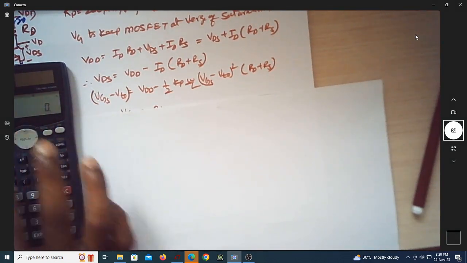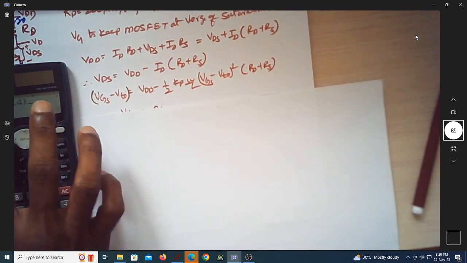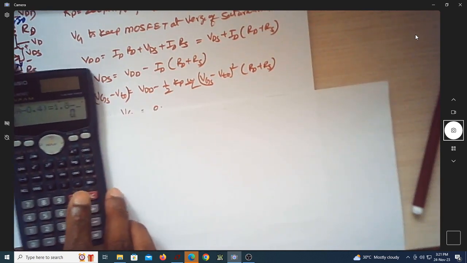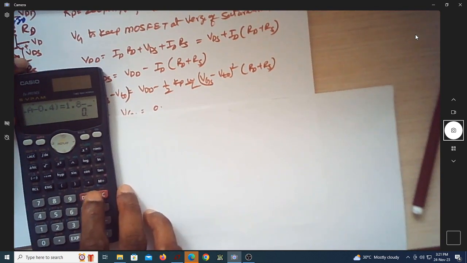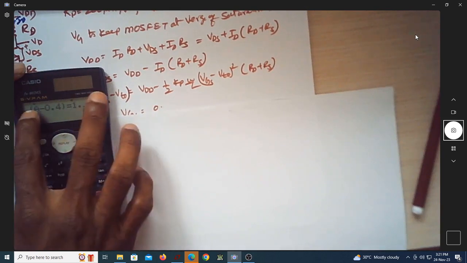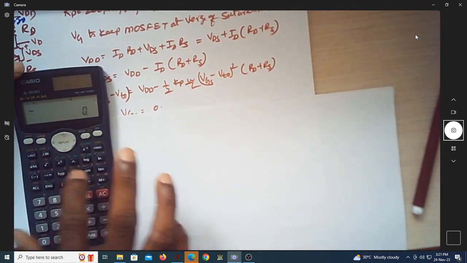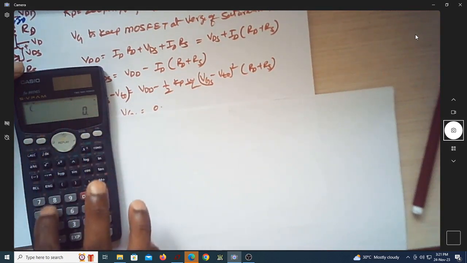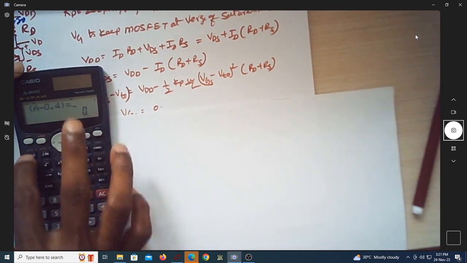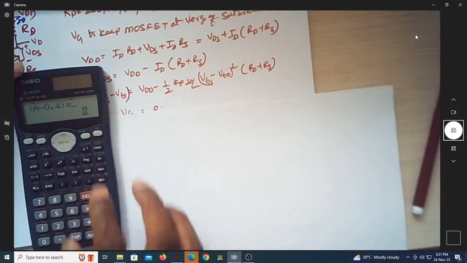Open the parenthesis, alpha minus 0.4, close the parenthesis, alpha equals 1.8. Okay, maybe let me just redo it.